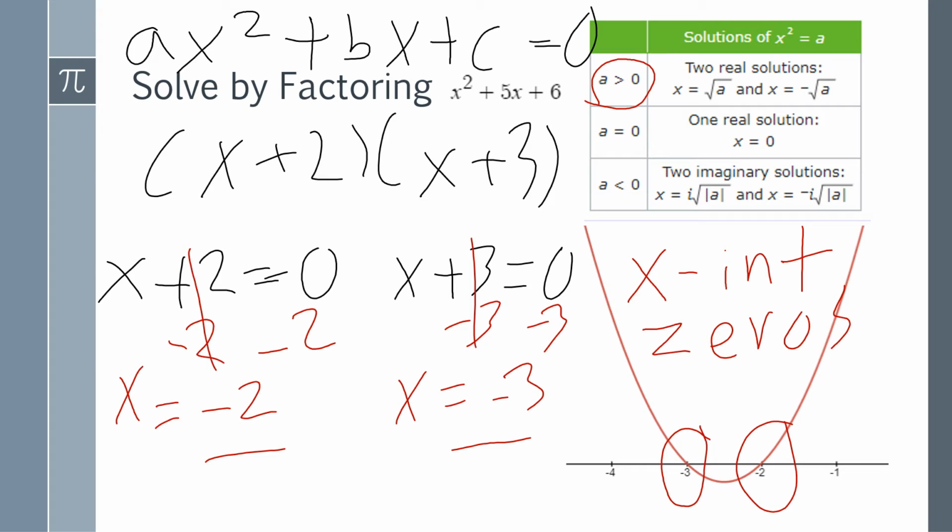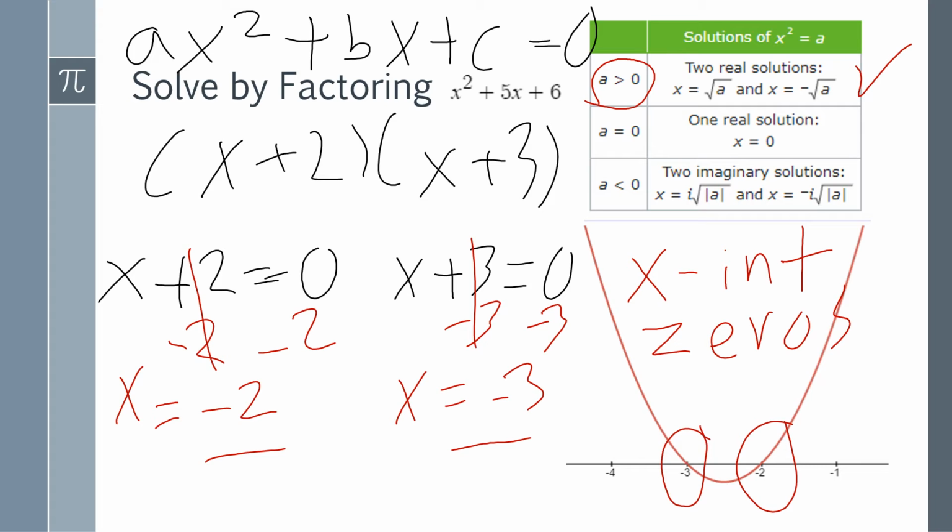That's why. Also, just looking at the graph itself tells you there are two solutions. And again, this tells you where the graph has two x-intercepts; zeros are solutions.